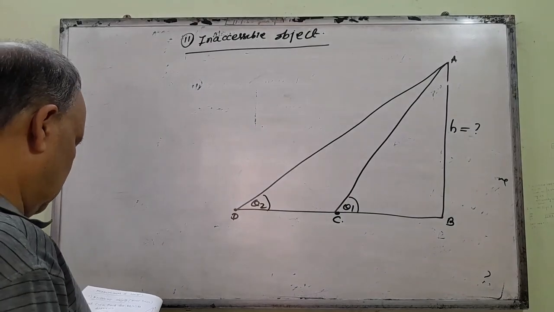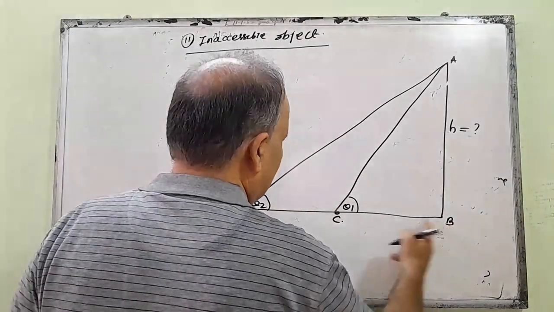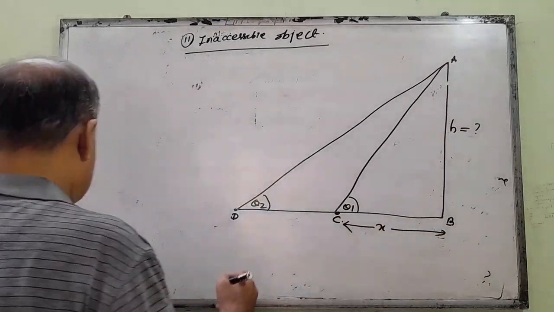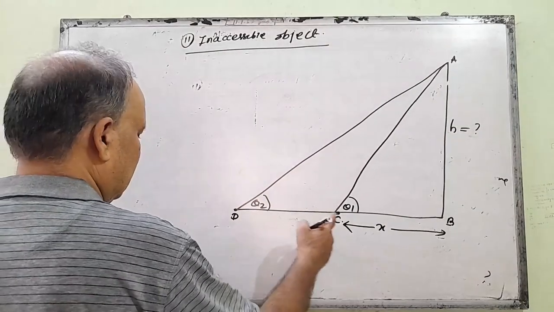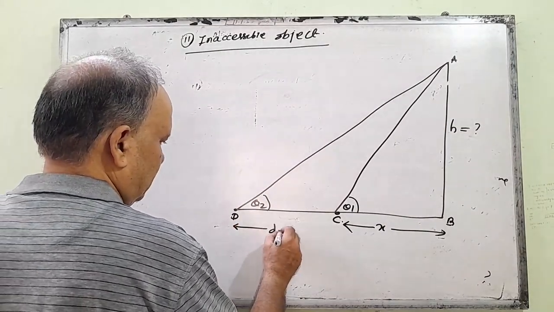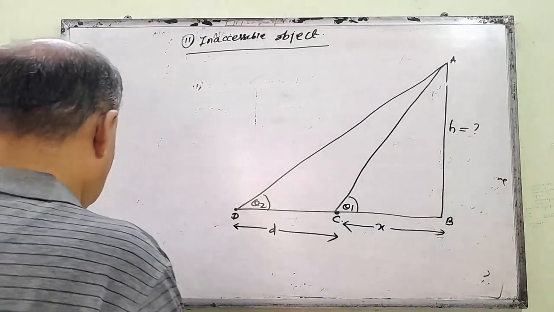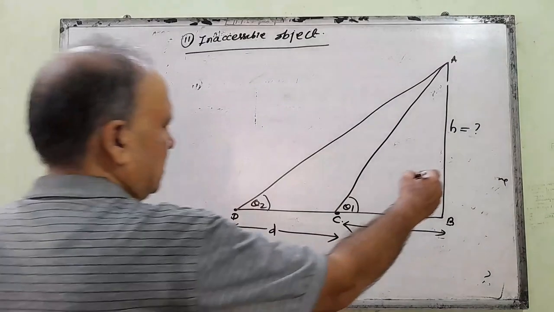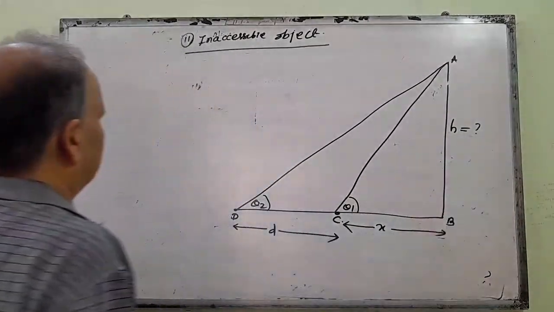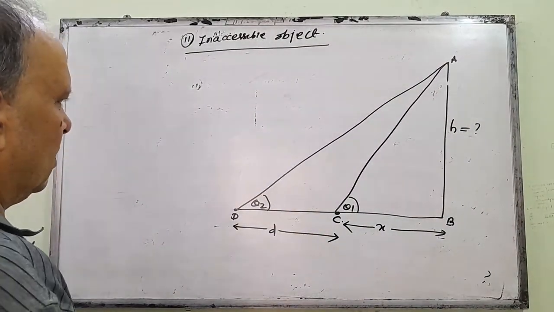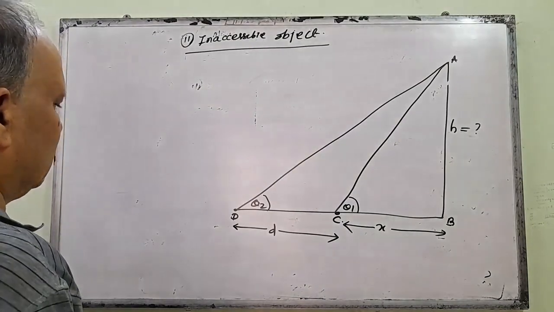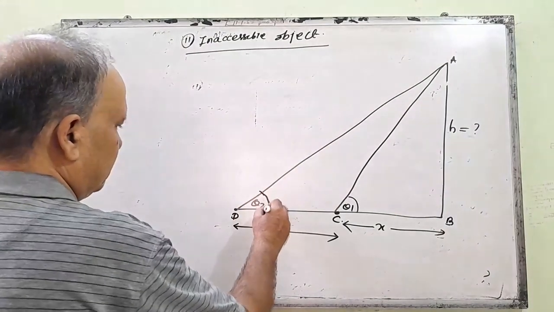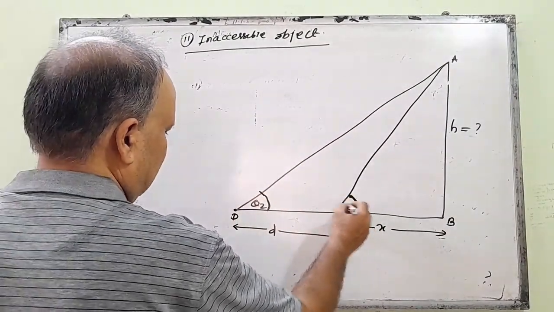You remember, suppose the distance between B and C is x and the distance between C and D is small d. You see, this is for inaccessible object, which are far away objects like mountain. By using a sextant, you measure theta 1 and theta 2.